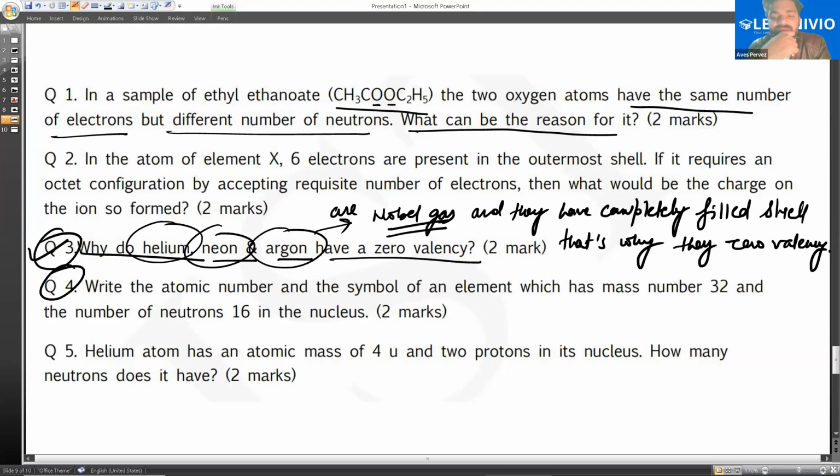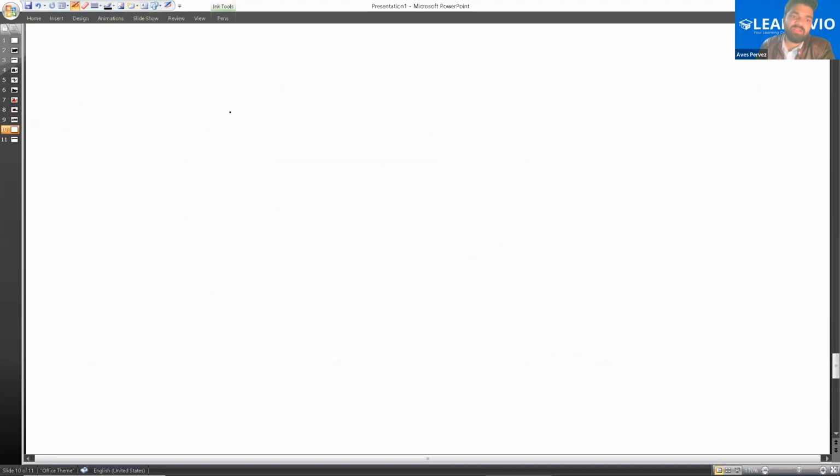Atomic number is asked. Sarah, don't you know? Sir, I don't understand this question. It says: the atomic number and the symbol of an element whose mass number is 32 and has 16 neutrons.